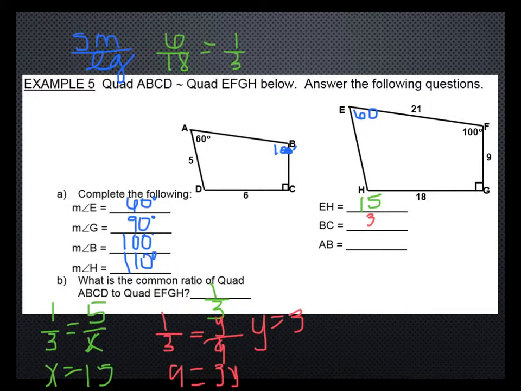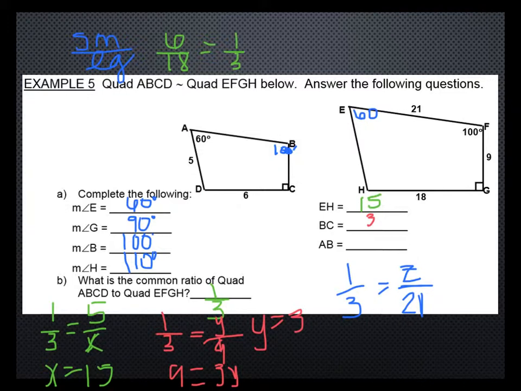Lastly, let's find AB. AB is the small, so again we'll have our variable on top. EF is the side that it corresponds to, and that is 21. I'm going to show you a little bit different way to solve this. What's your common ratio? It's 1 over 3. I'm going to go ahead and name side AB Z, just to give us a one-letter variable, and that is over 21.